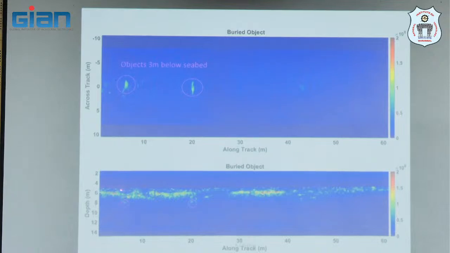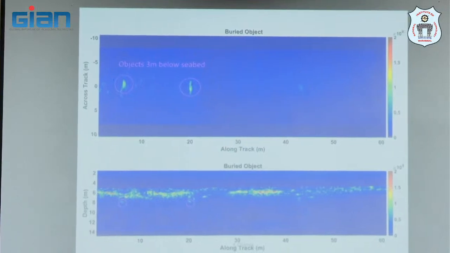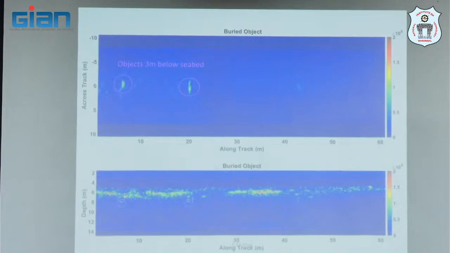And this is another picture. This highlighted information is from an object buried around 3.5 meters below the seabed. We are able to identify that, and then find the dimensions of that object.